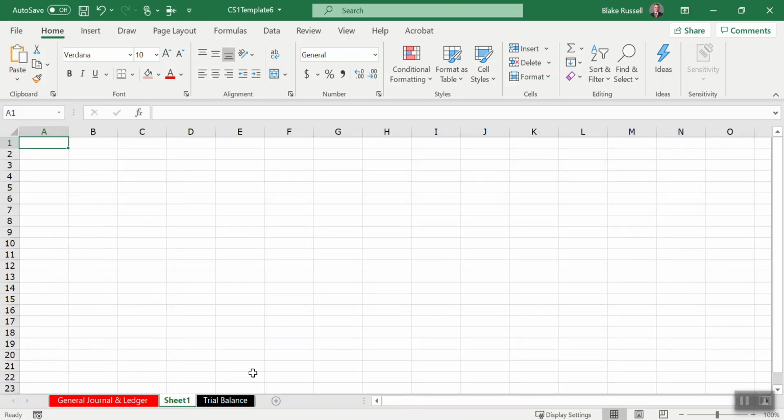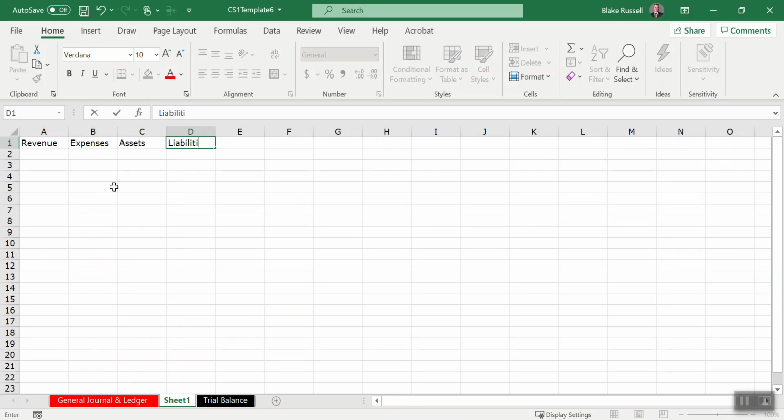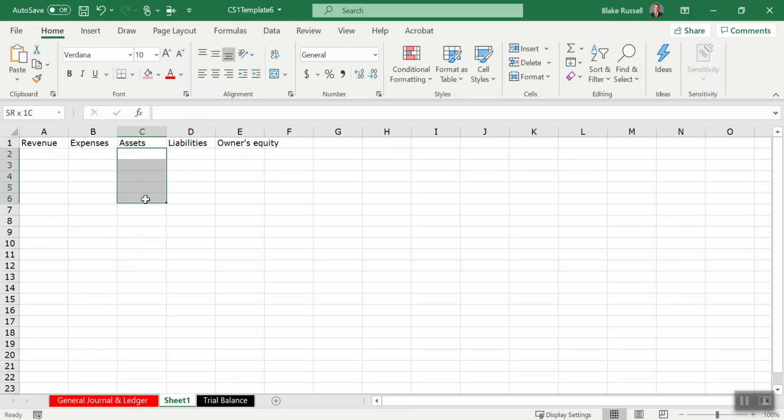I'll make up a new tab here. So put all your revenues, expenses, assets, we'll go plural. List out what they are underneath each one.